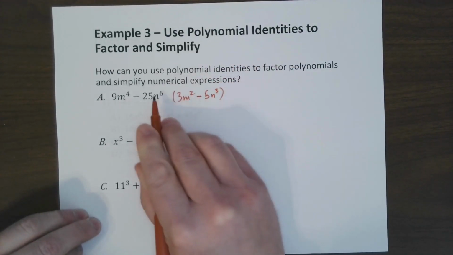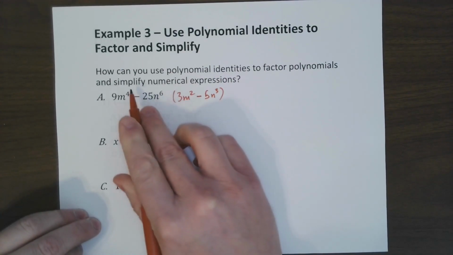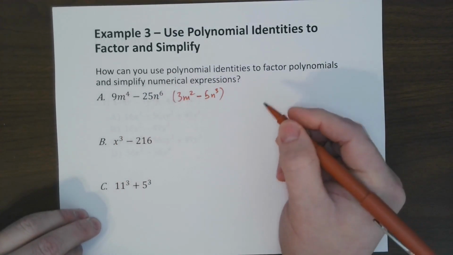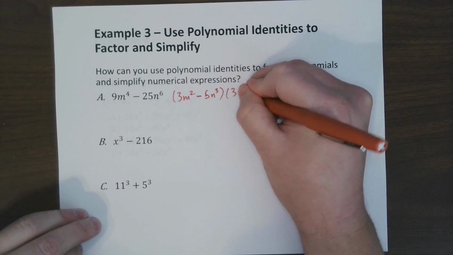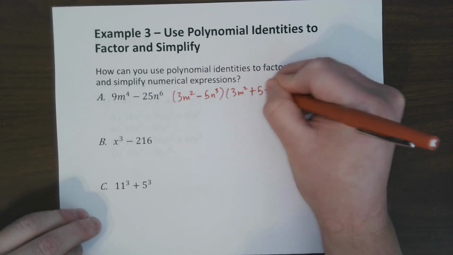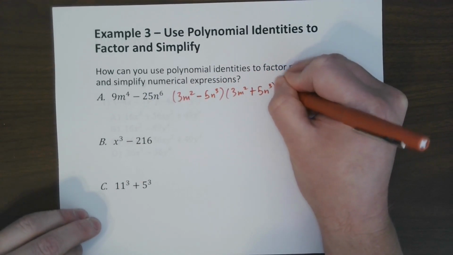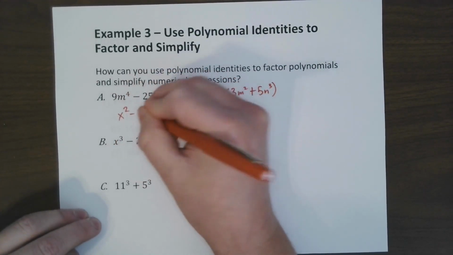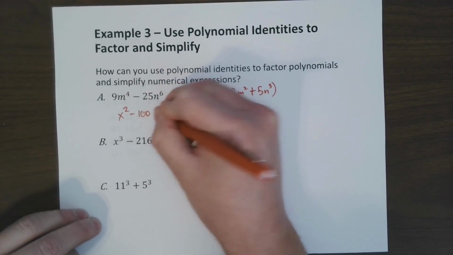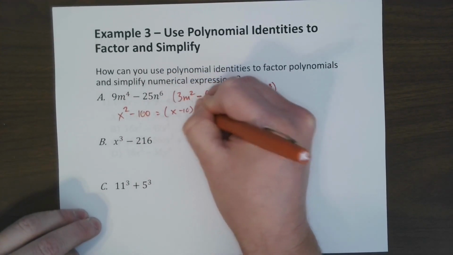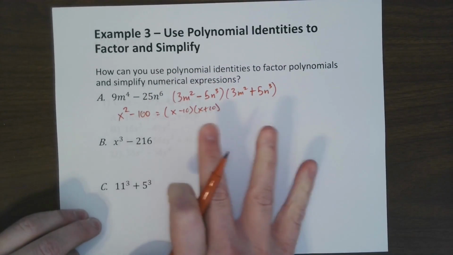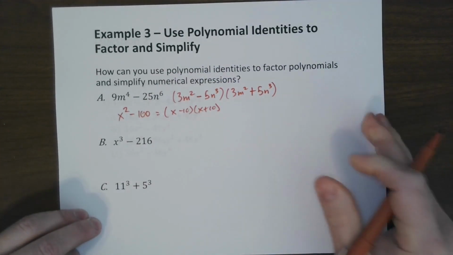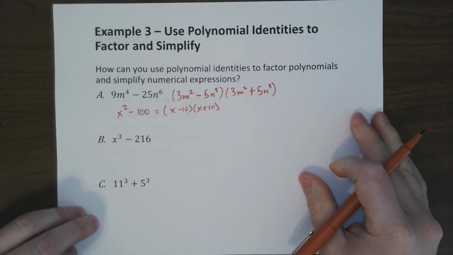And the reason we get cubed is because it's a square, we halve the exponents, okay? And now we just copy again, 3m squared plus 5n cubed. So a better example of this is if you have x squared minus 100, you just write x minus 10, x plus 10. If you can identify these quickly, it saves you so much time and frustration.